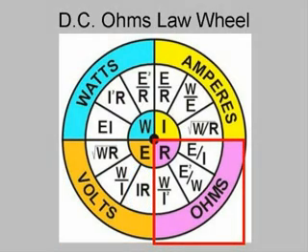This part of the wheel gives us 3 different ways to solve for ohms, or resistance. We used this formula, E over I equals R, or ohms, how much resistance is in the circuit.